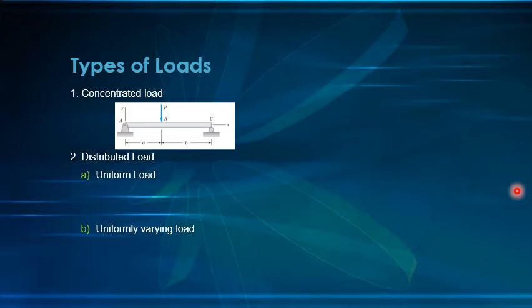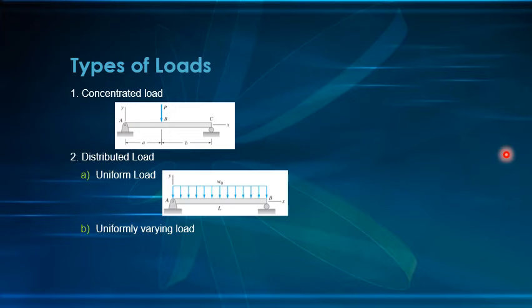So when we say uniform load, it has a constant intensity per unit distance. So example of the example figure is this one. Yan. So from A to B, pare-pareho yung load na na-apply sa kanila. So that is a uniform load.